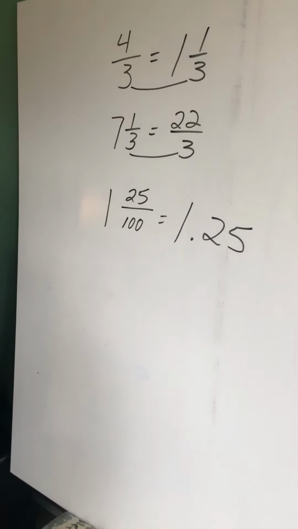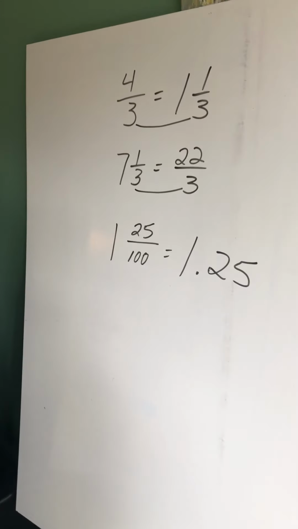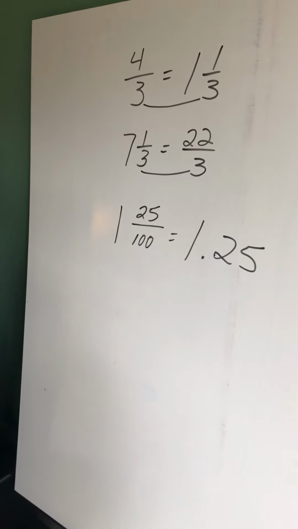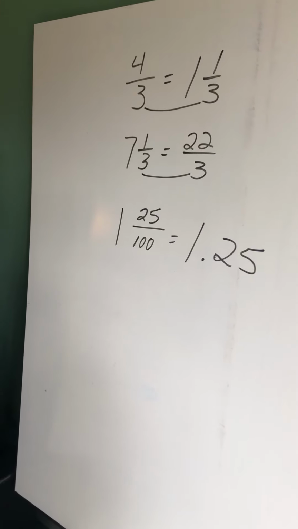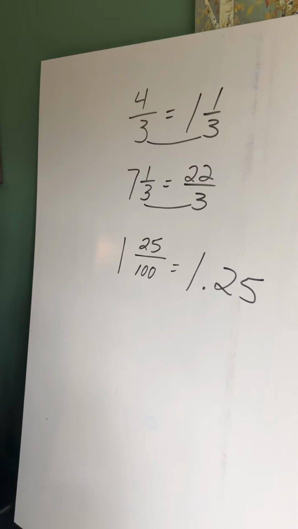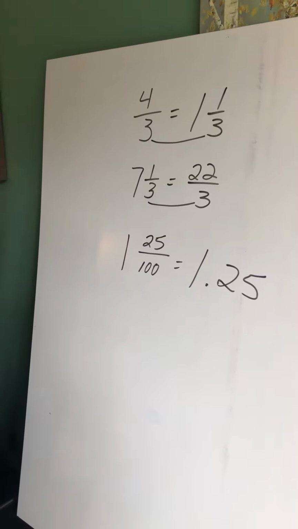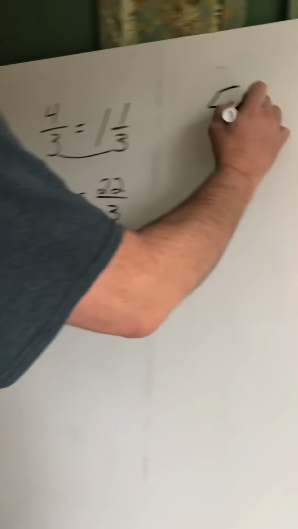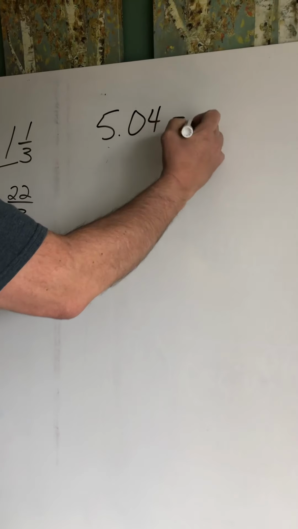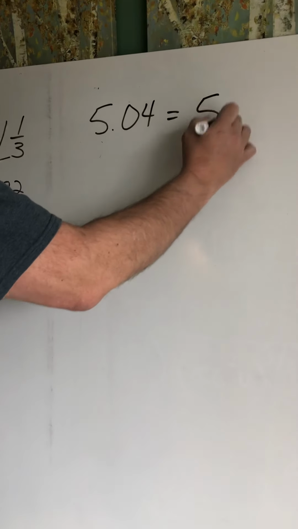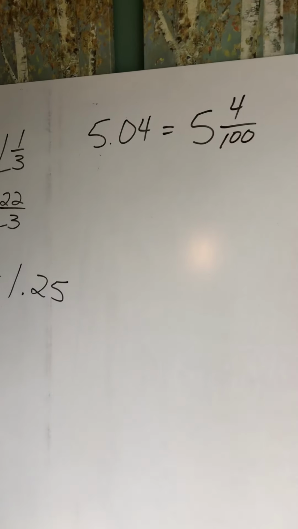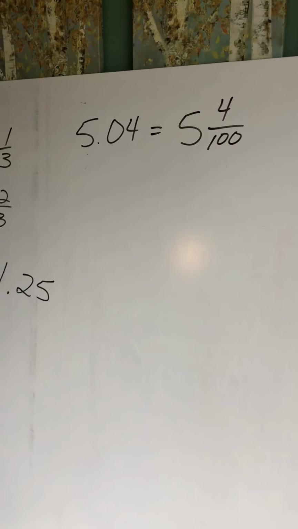Oh, I got these mixed up. Okay. That was that one. The next one was, let's see, I got mixed up because I didn't go over number 1. Okay. So the next one was taking a decimal and turning it into a mixed number. Okay, so that's also part of the review.